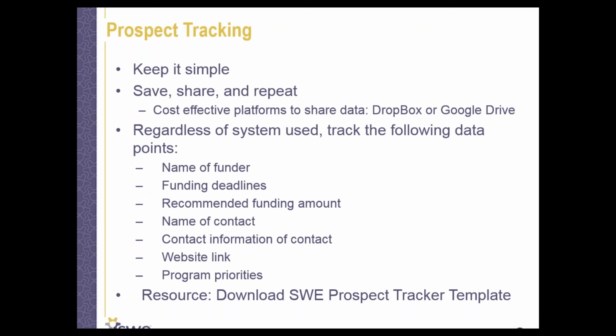Name of the contact that you want to try to establish a relationship with, their information, a website link to the foundation or corporate entity, and understand the program priorities of the corporate foundation or private entity. We've included the SWE Prospect Tracker template as a download for you.